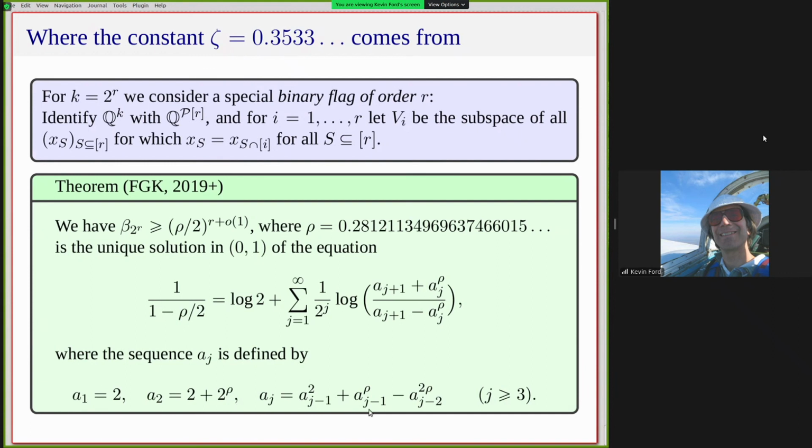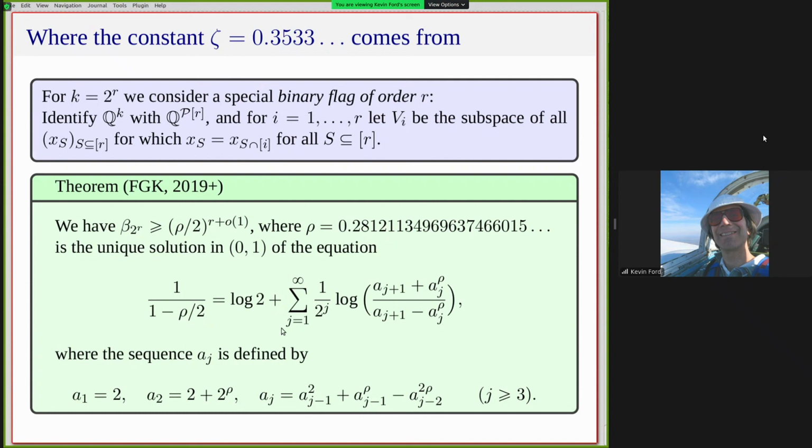So at the bottom, there's a recurrent sequence, but that recurrent sequence depends on rho. And then we plug that into this sum over here and then try to set equality.